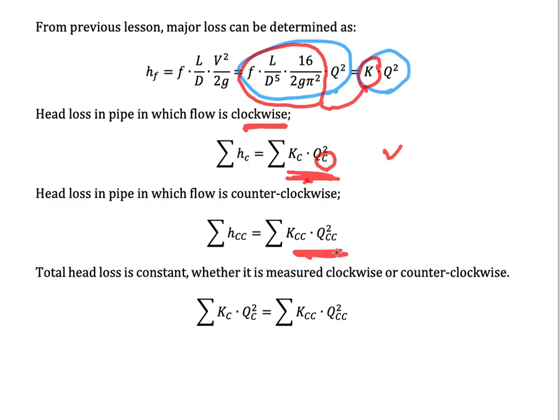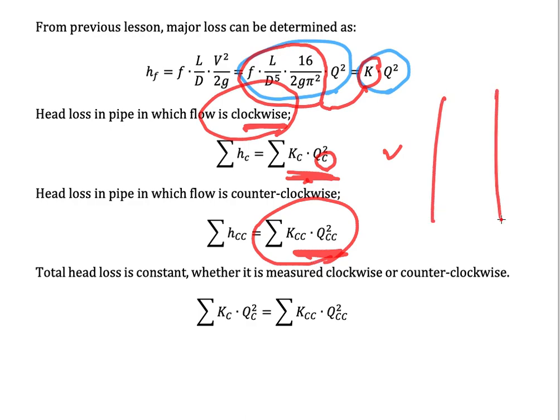If our calculation is correct, the head loss that we calculate clockwise must be equal to the losses that we calculate counterclockwise. As I said, if we have a network here, it doesn't matter which way you add all the losses, because it will give you the same result.